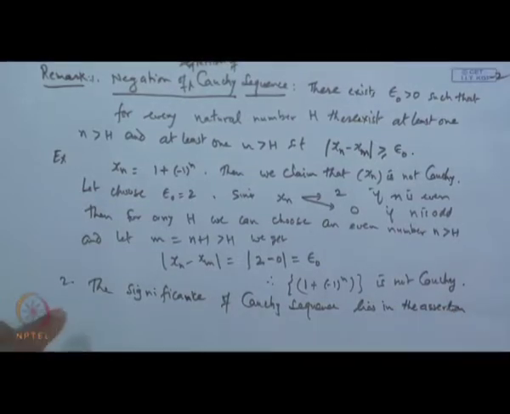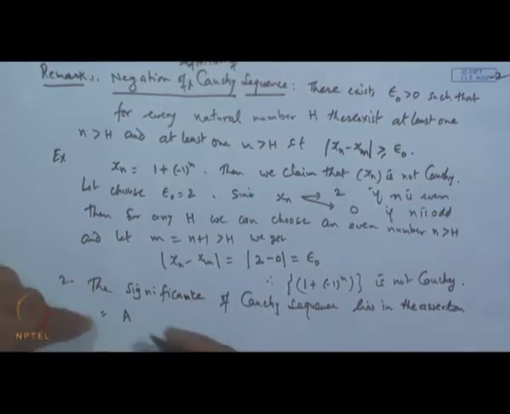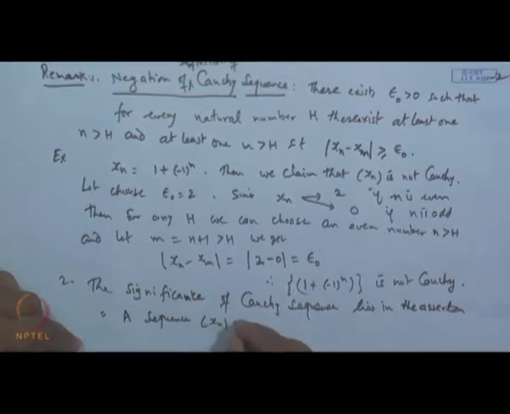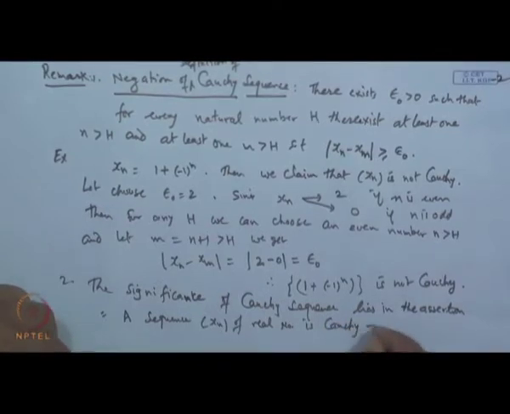The assertion is that a sequence x n of real numbers is Cauchy if and only if it is convergent.